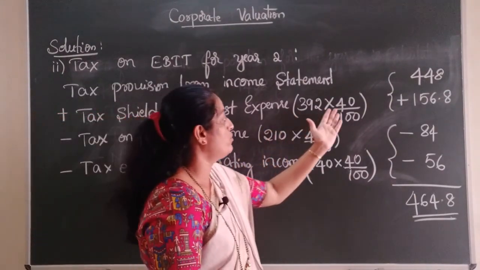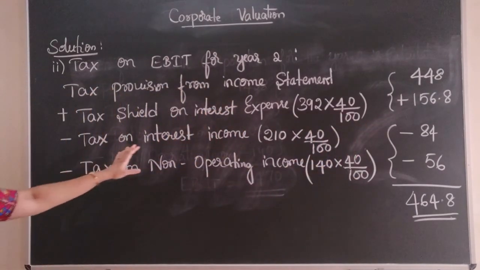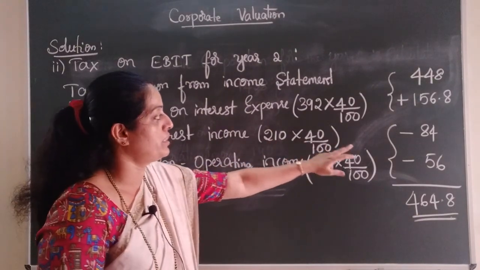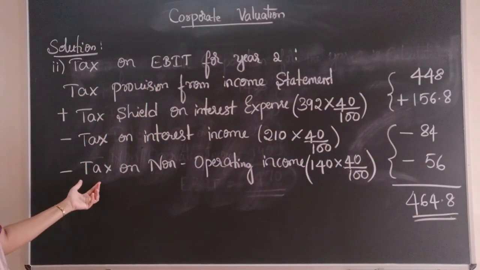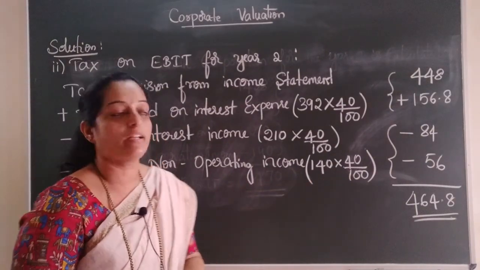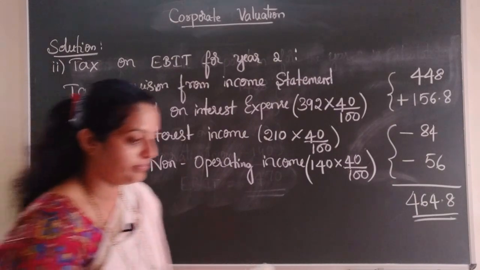So 392 into 40% gives you 156.8. Tax on interest income: on the interest income 210, tax at 40% is minus 84. And tax on non-operating income, that is 140 into 40%, gives you minus 56. Then you will get the answer as 464.8 as tax on EBIT.